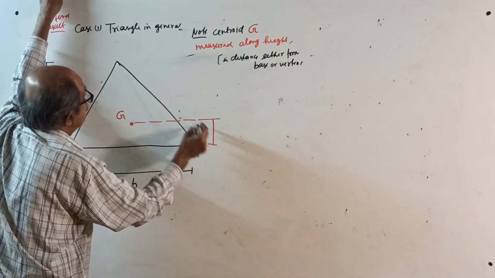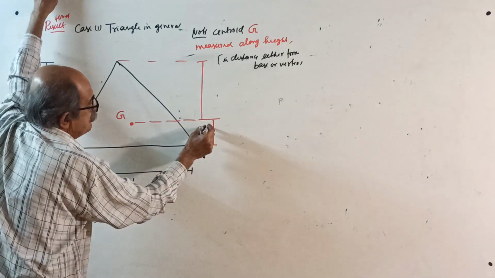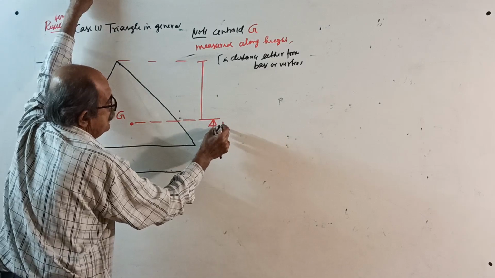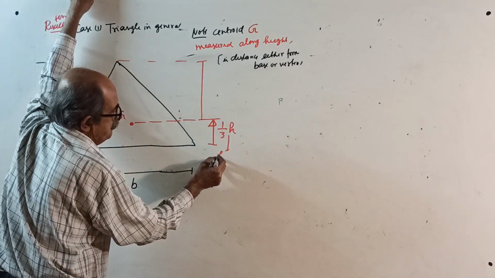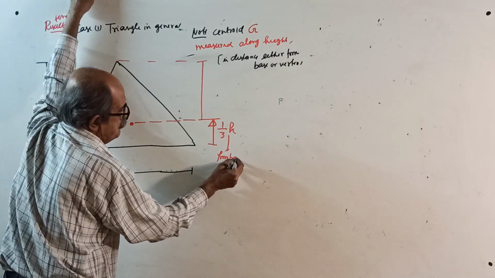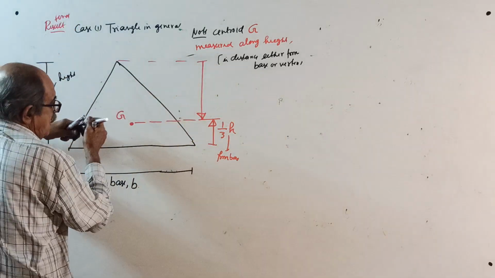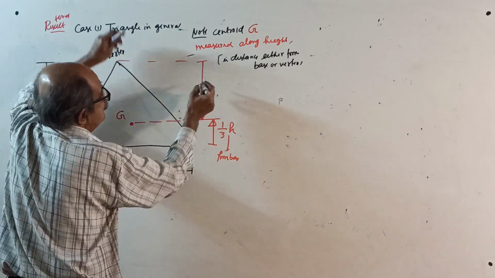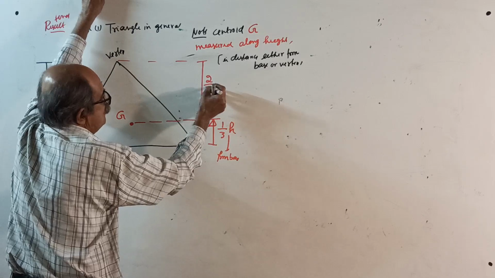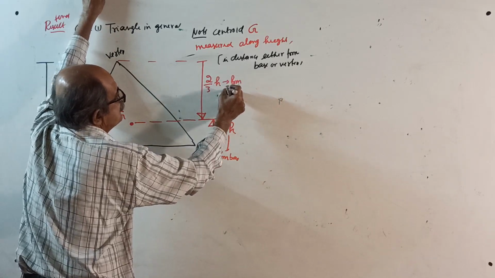If you measure from the base, it is 1/3 of h, whereas if you measure from the vertex, it is 2/3 of h.